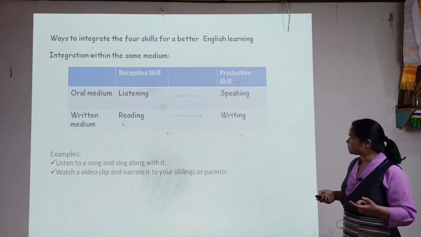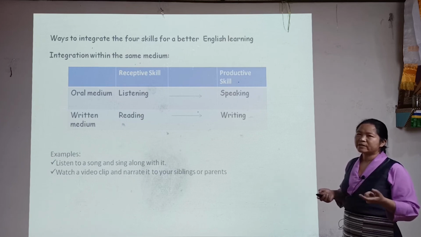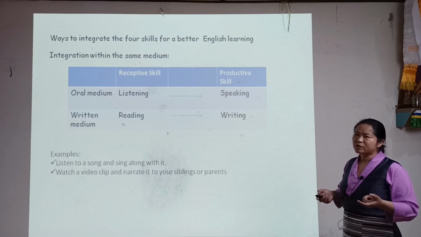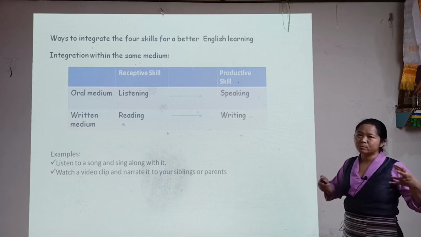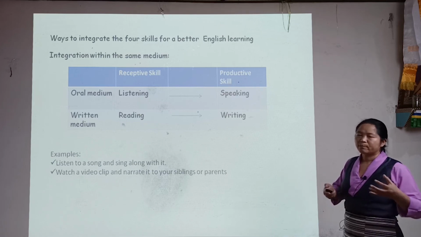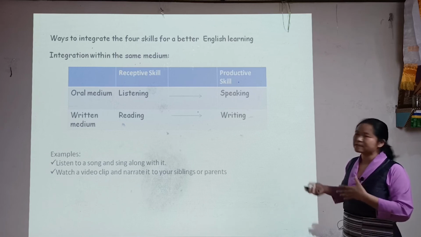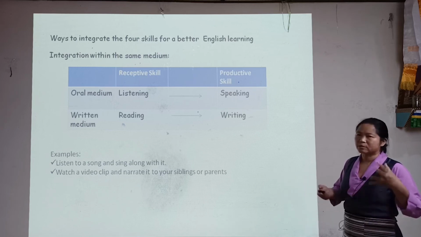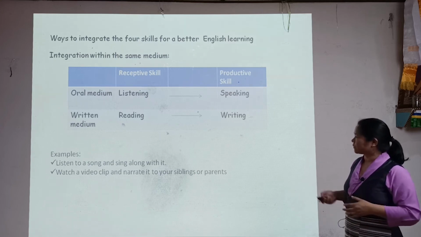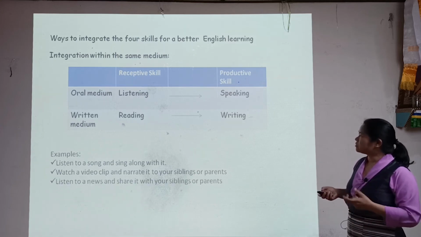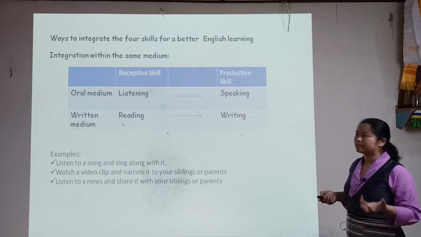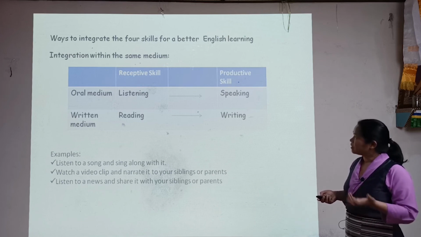Your siblings and parents are readily available resources, like peers in a classroom situation. You don't have classmates at home now, but you can use your siblings and parents as your peers for learning. Next is listen to a news and share it with your siblings or parents.